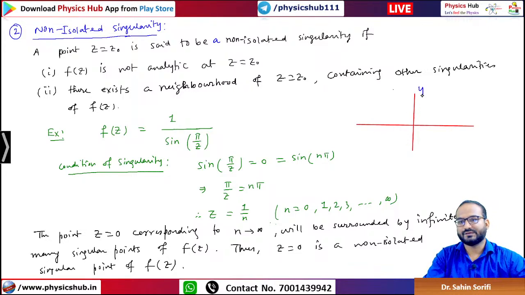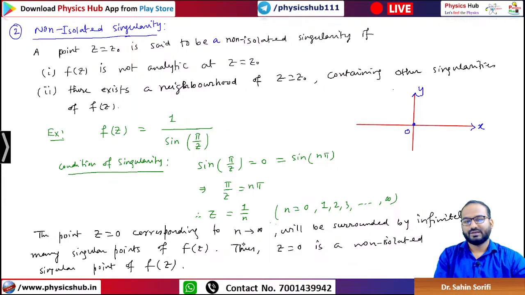So as you can see, try to understand this. This is y, this is x. This is your z equals to 0, and by taking n equals to infinity. So if you take n equals to 1, z equals to 1, this is a singular point. If you take n equals to 2, z equals to half, so this is also a singular point.